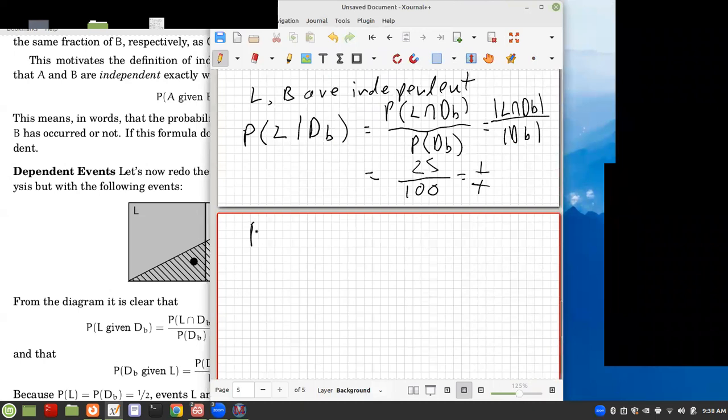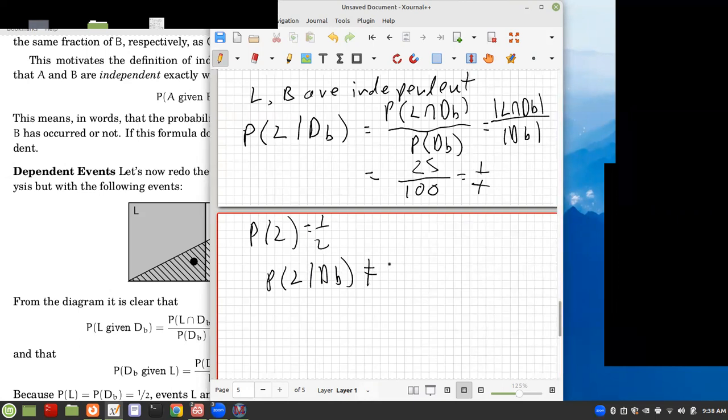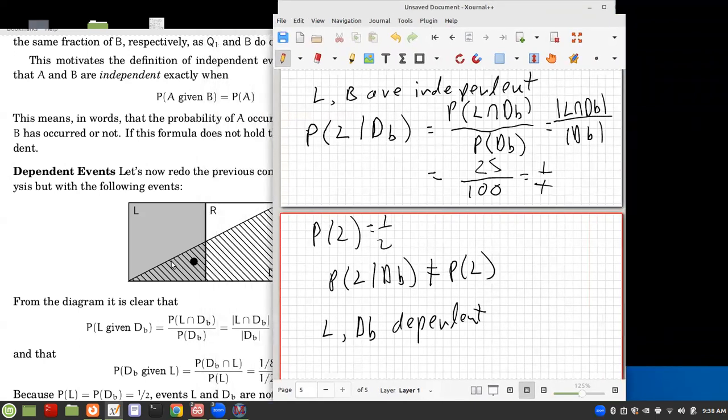But the probability of L as before is 1/2. Therefore, the probability that the left occurs, given that it's in the lower diagonal, is not equal to the probability of the left. So L and DB are dependent, because in some sense they don't intersect in a perpendicular way.